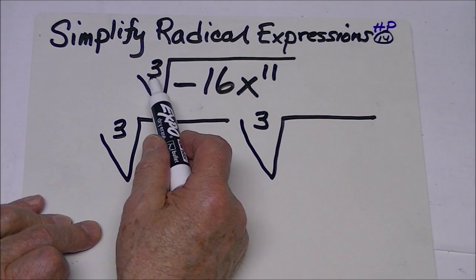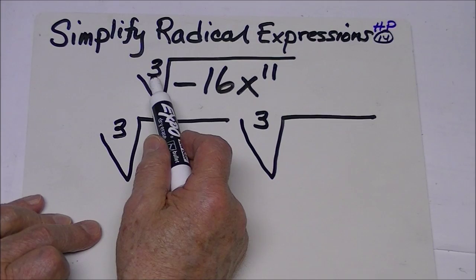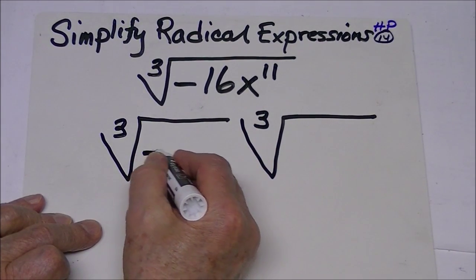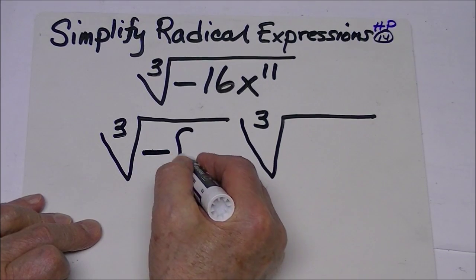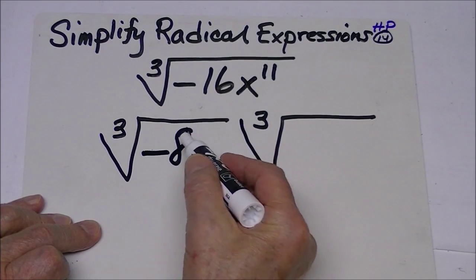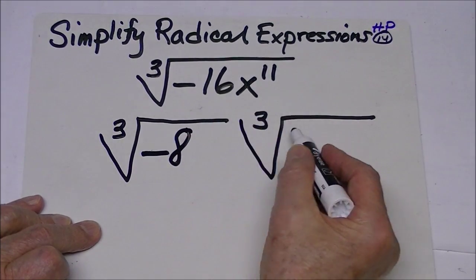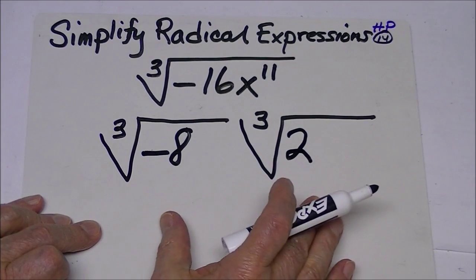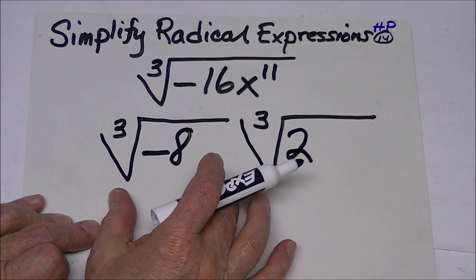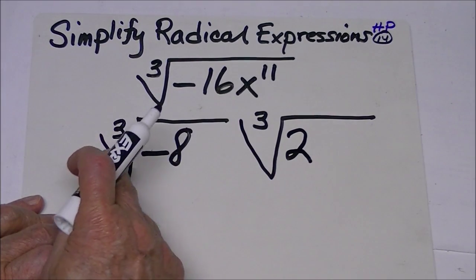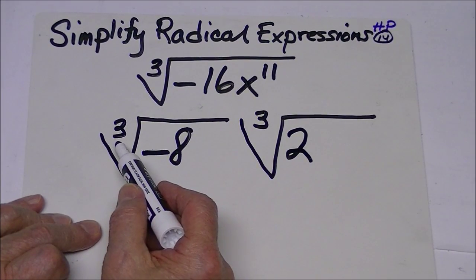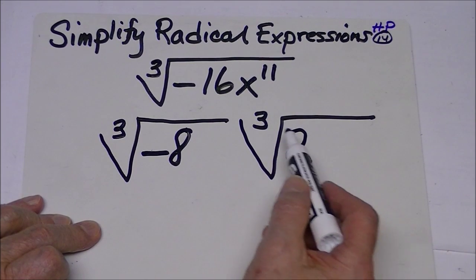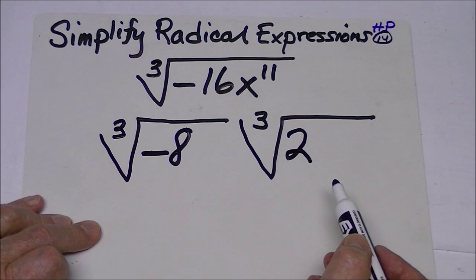And 8 is a perfect cube. And we're going to use the negative sign. We'll use negative 8 for this. And then 8 times what is 16? 2. So the protocol we're following is under one radical sign we put perfect cubes, and then any other factor that's left over we put under the other radical sign.